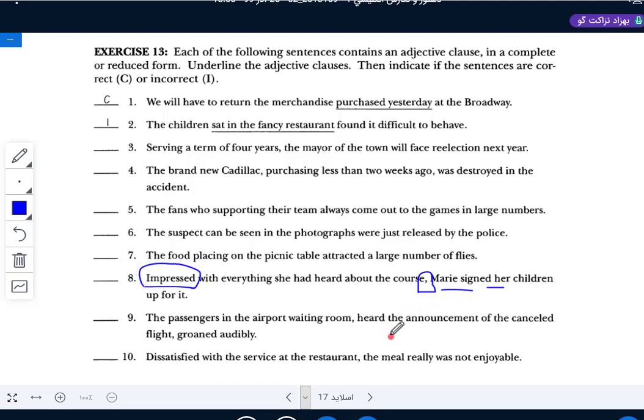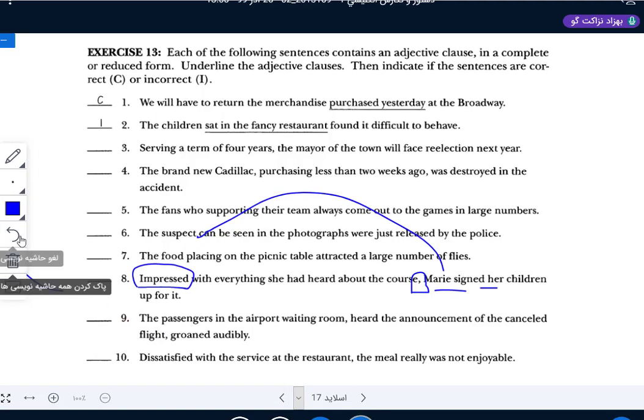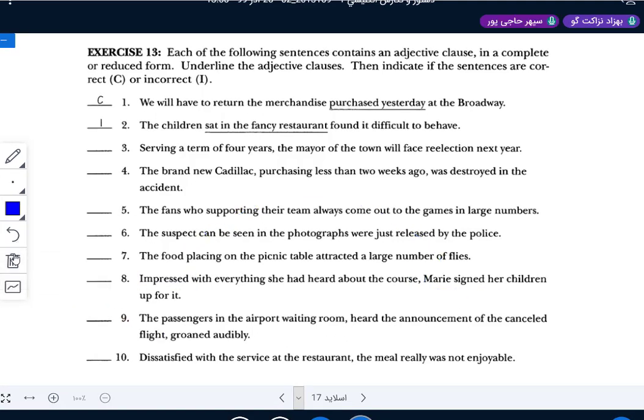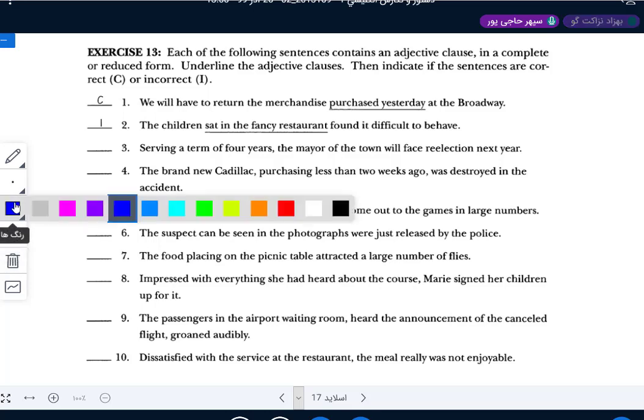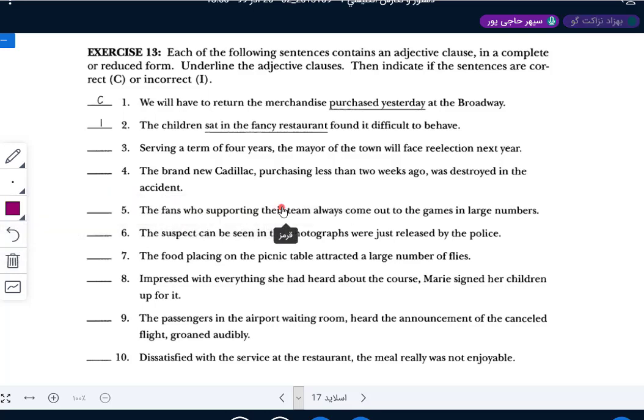So I should see whether it is dangling or correct. Mary impressed with everything. Mary signed her children up for it. So it makes sense. So it is correct. Very good.